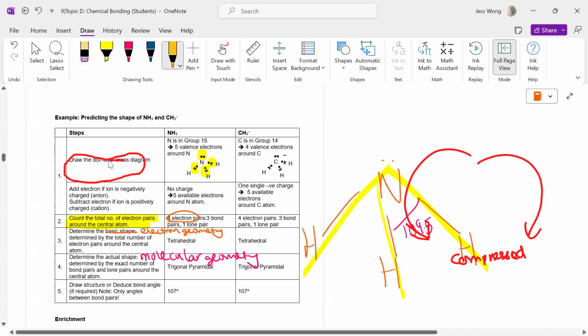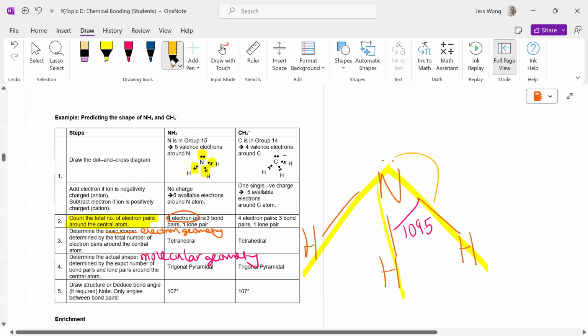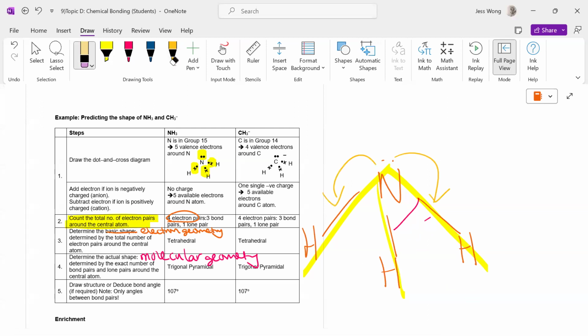So if we look back at this diagram, it originally is supposed to be 109.5, but this is going to give it a push down, compressing the angles, and we expect this angle now to be less than 109.5.